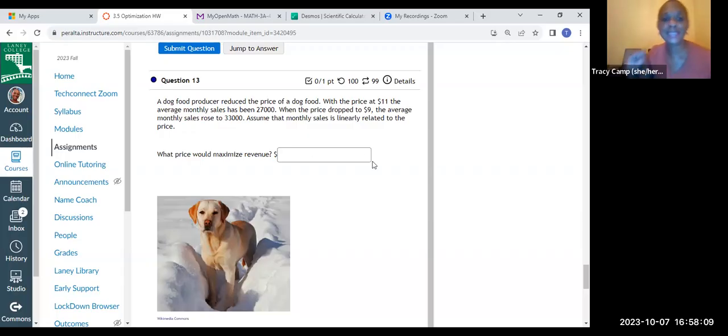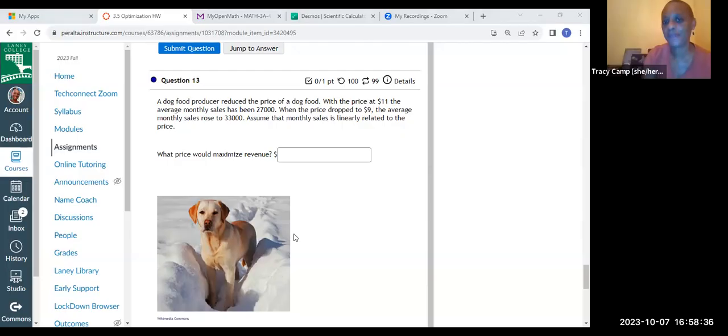This is for the business students. A dog food producer reduced the price of a dog food. With the price at $11, the average monthly sale has been $27,000. And then when the price dropped to $9, the average monthly sales rose to $33,000. Assume that monthly sales is linearly related to the price. And the question is, what price would maximize revenue?